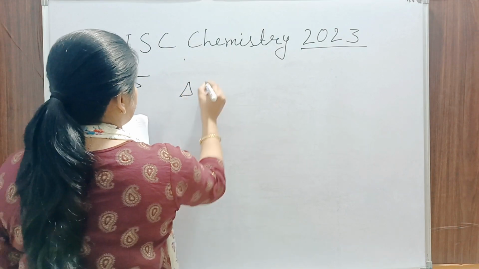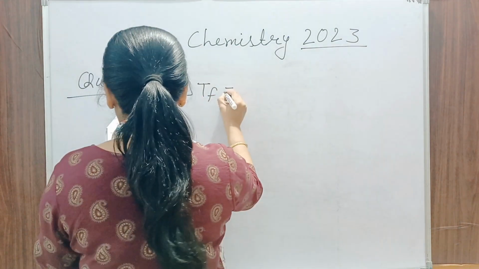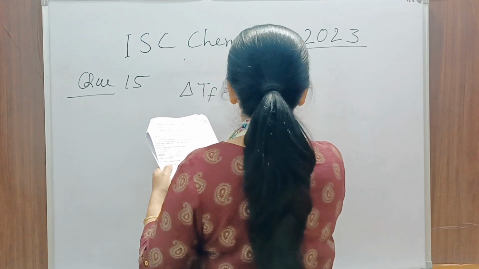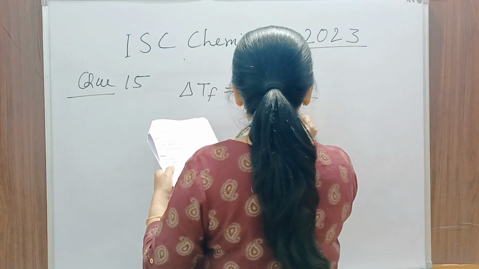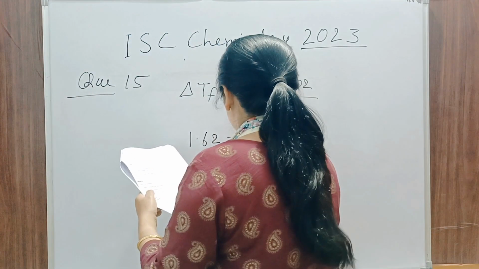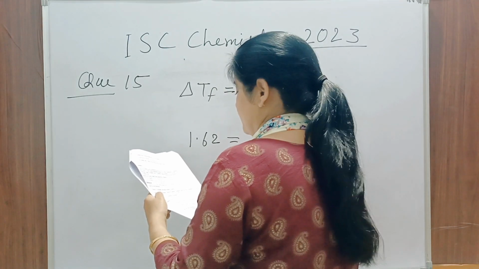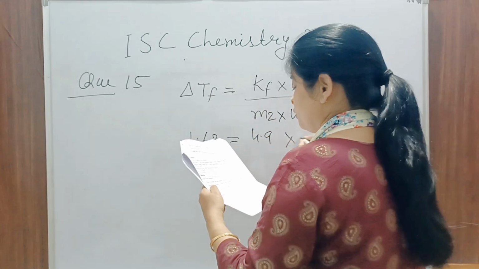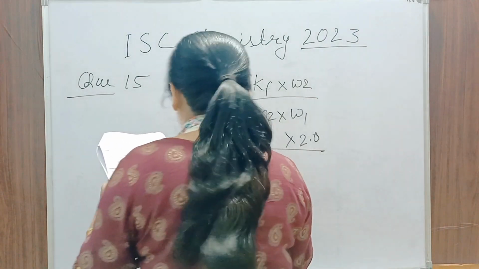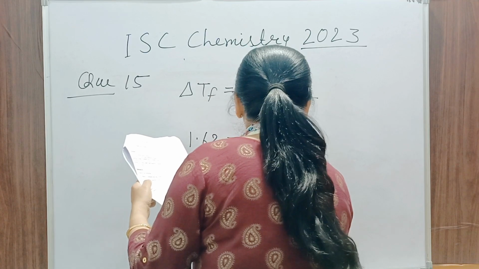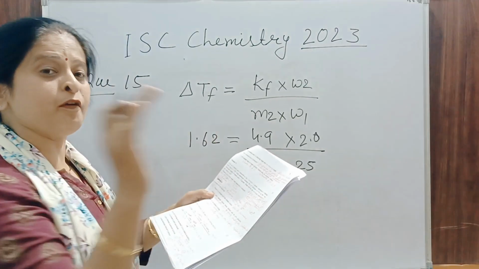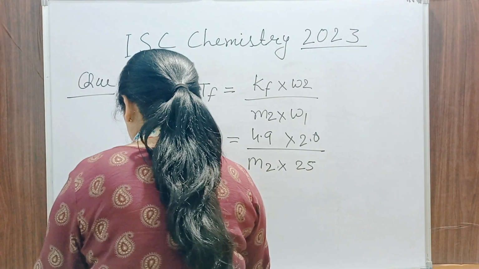Del Tf, the formula is Kf into W2 upon M2 into W1. So we put the value 1.62 given in your question, then Kf 4.9, into 2.0, upon M2 which we have to calculate, and 25 gram of benzene. Then calculate this.